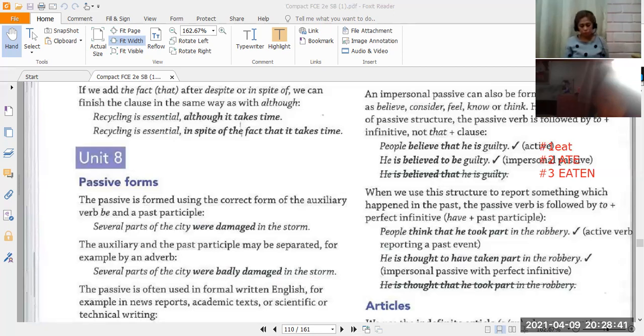Number 4, transforming an active sentence to a passive sentence. Active: Apple sells thousands of iPhones every day. Look at that one. How can I change this to the passive? Remember, you need be plus past participle.